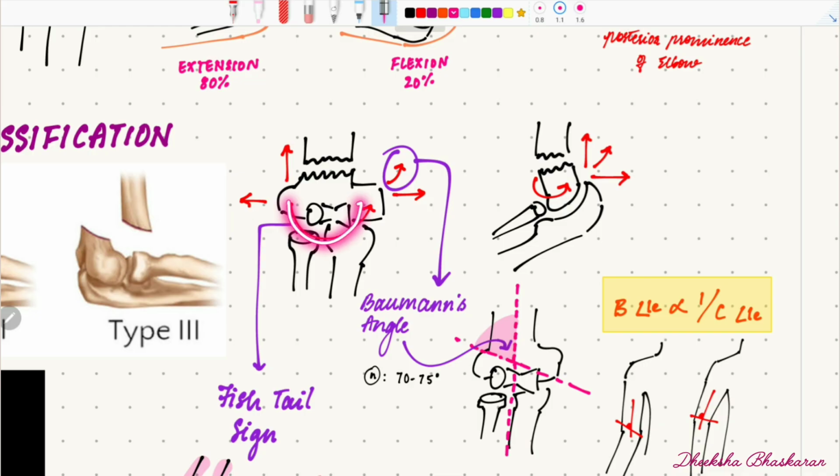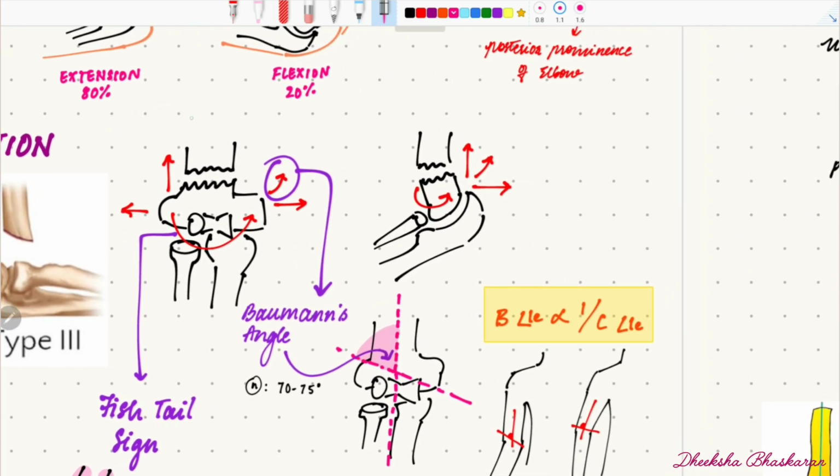Or there can be internal rotation. The lower segment rotates internally, so this is called internal rotation. This is seen from the AP view. On the lateral view of the X-ray, we can see the fragments moved proximally or posteriorly; a posterior shift or a posterior tilt can be identified, or even an internal rotation.